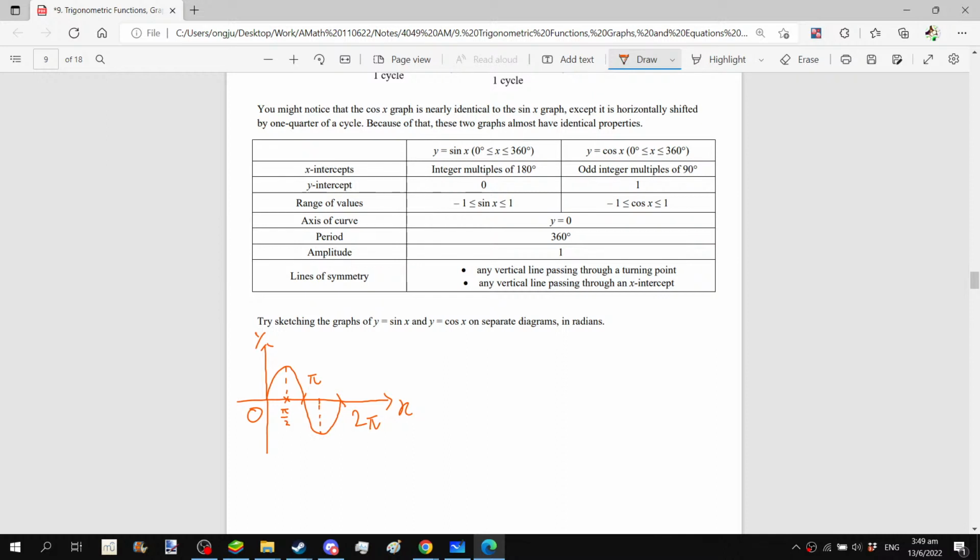And the first trough, alternatively the first minimum point, will be the middle of pi and 2 pi, in other words 3 pi over 2. And the maximum and minimum values will be 1 and -1. So how do I know these numbers? I know these numbers because we actually know that sine and cosine are always nested between -1 and +1.